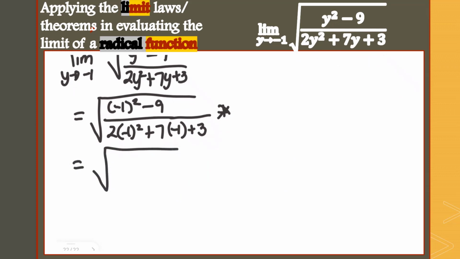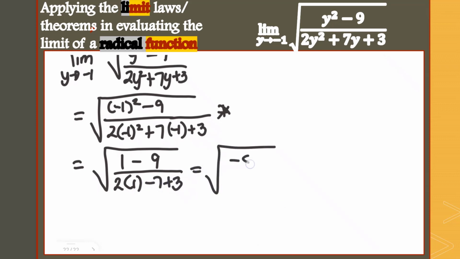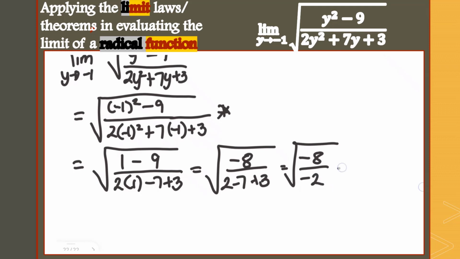Square root of positive 1 minus 9 over 2 times 1 minus 7 plus 3. Square root of negative 8 over 2 minus 7 plus 3. Square root of negative 8 over negative 2. Square root of 4, which will give us 2.